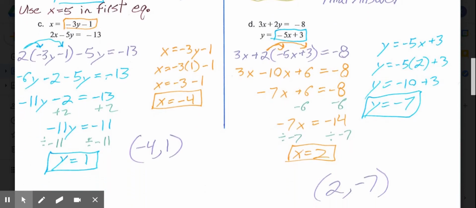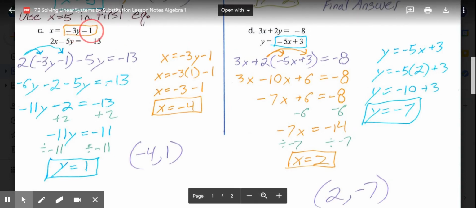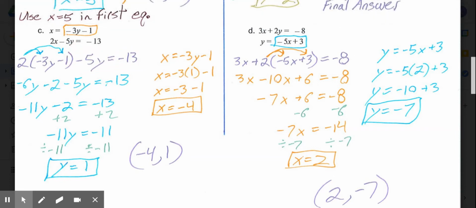In C, again, step 1 was done for us. One of the equations is already solved for a single variable. So we know x equals negative 3y minus 1. So I'm going to take the negative 3y minus 1 and substitute it in for x in that bottom equation. So that bottom equation would become 2 times (negative 3y minus 1), then minus the 5y equals negative 13.